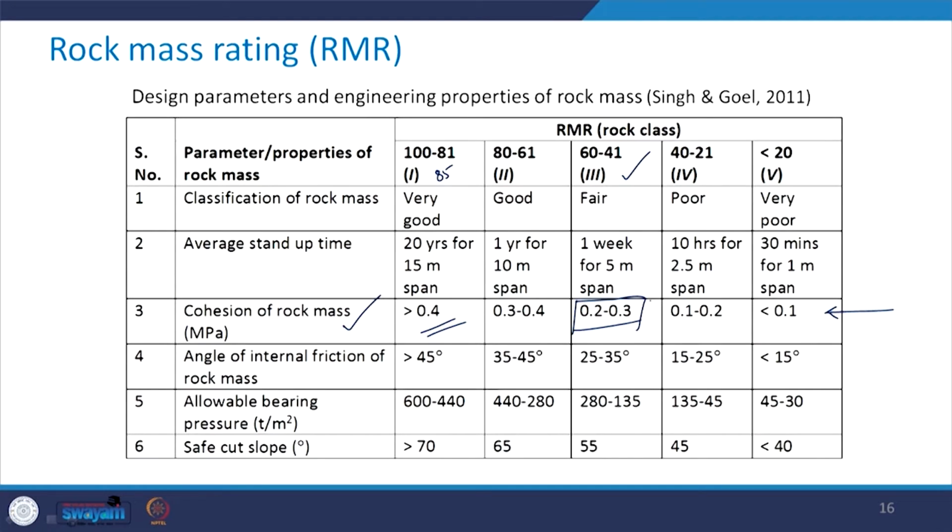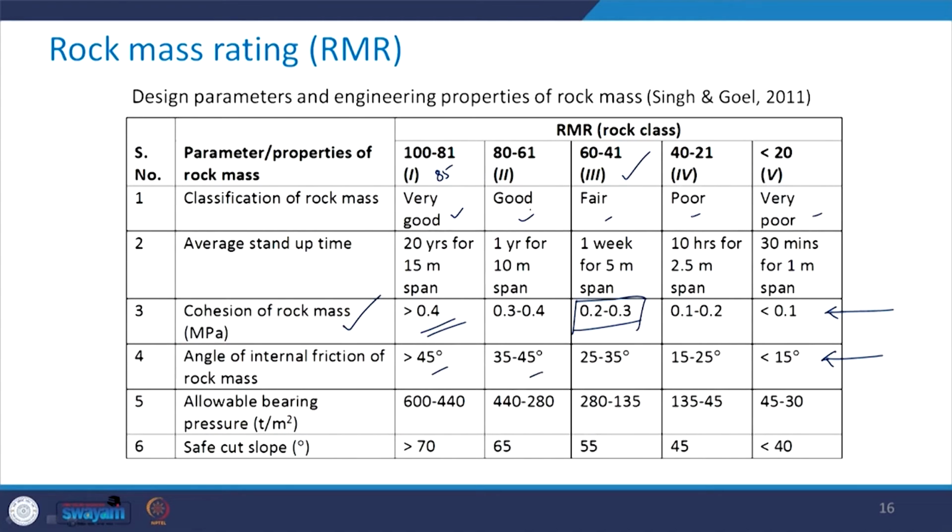Coming to the next, here is the strength parameter, which is the angle of internal friction for the rock mass. Take a look at this row where you have these values depending upon whether it is a very good, fair, poor or very poor kind of rock mass. You have the range of the angle of internal friction.